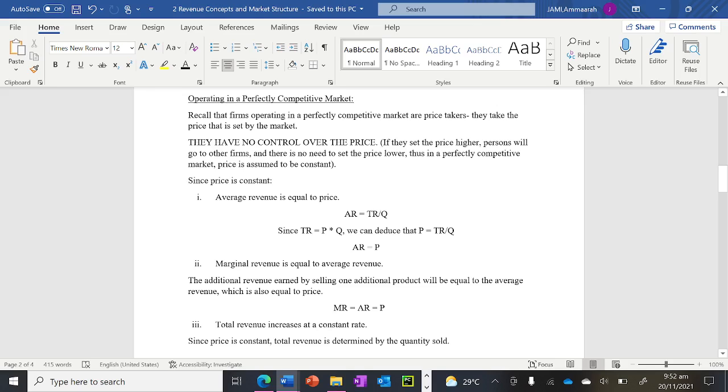If we make price the subject of the formula, price is total revenue on quantity, and we know that price is equal to average revenue, because this is average revenue. Actually, does that make sense? I don't know if it makes sense.